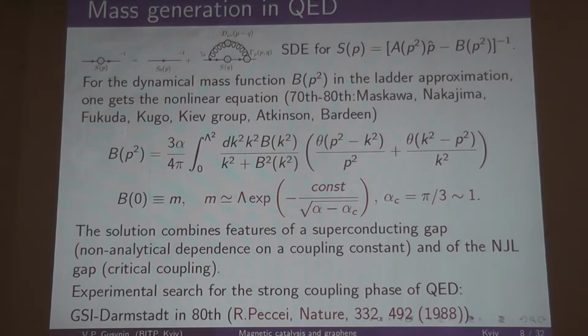It's interesting that in the 80s it was thought that maybe in real quantum electrodynamics we have two physically different phases. One is the phase with weak coupling, which we usually apply, and another one, the phase at strong coupling.